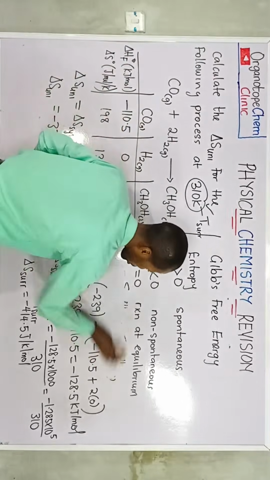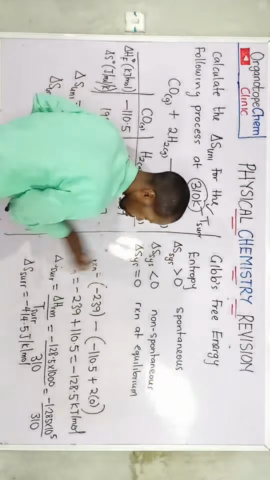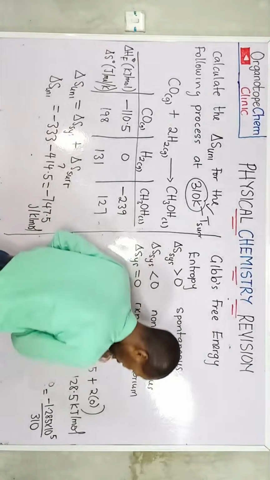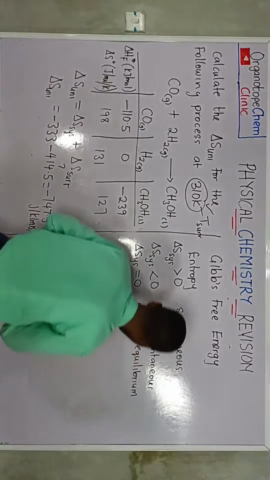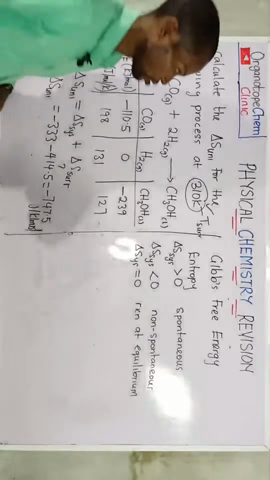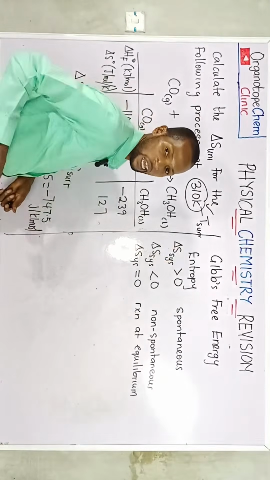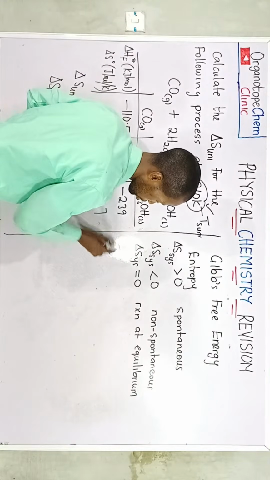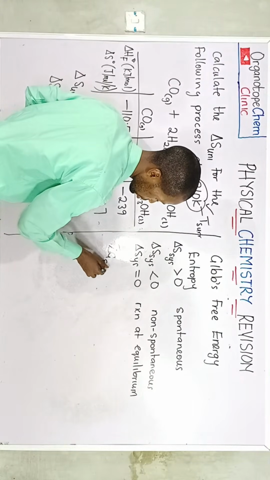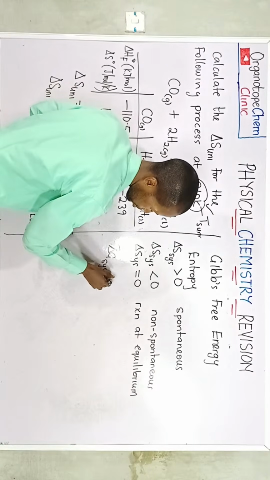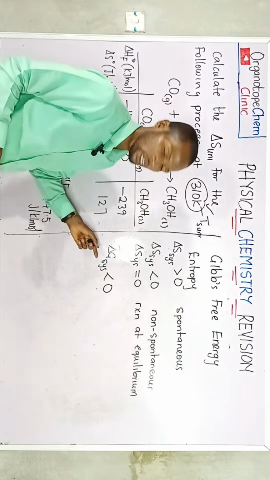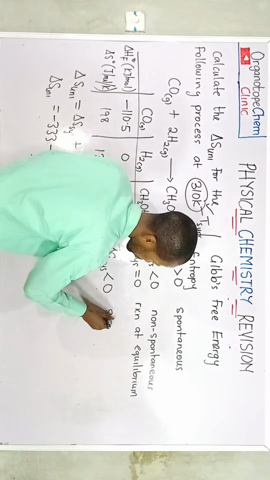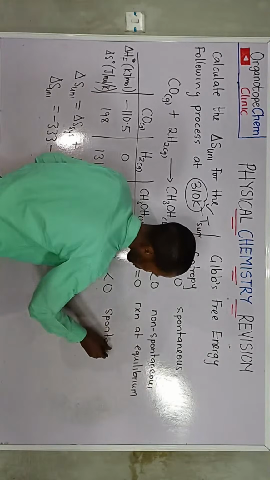Now, the other state function that is used to determine spontaneity is the free energy, the Gibbs free energy. It is actually opposite of the entropy. When delta G system is less than 0, it means the reaction is what? Spontaneous.